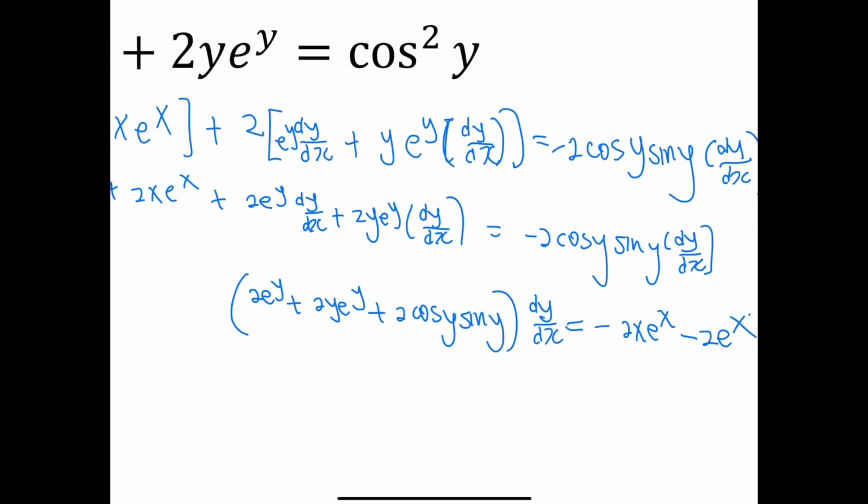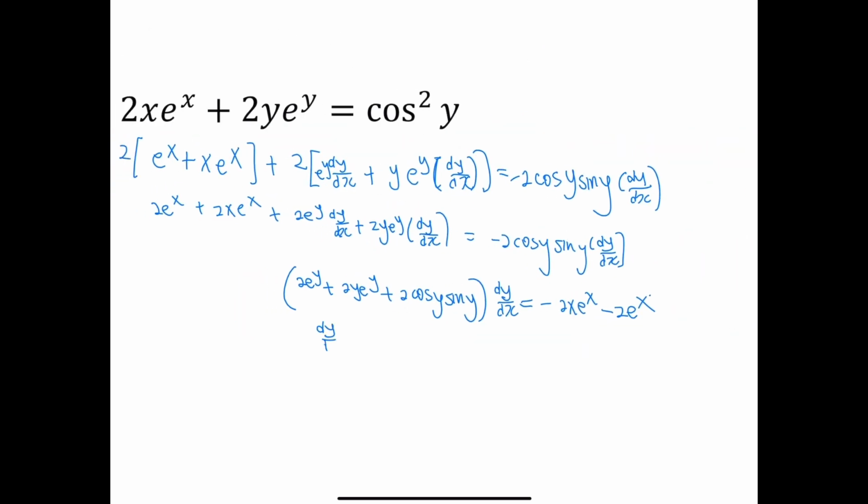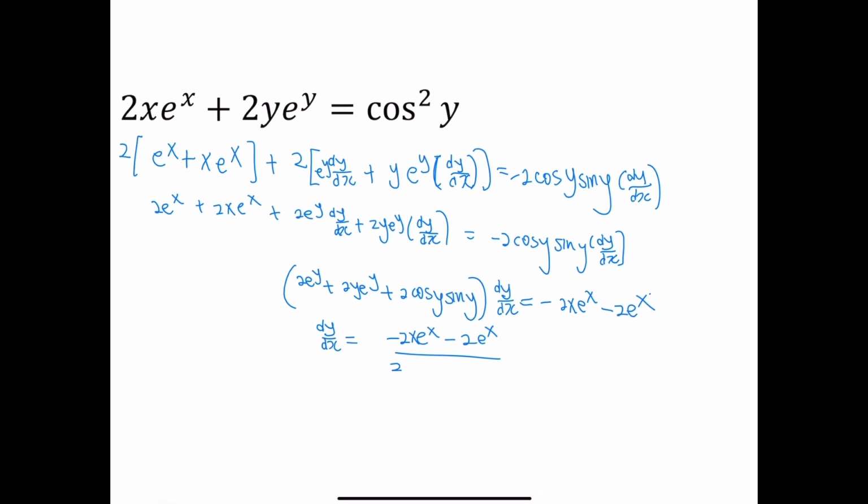So dy/dx is equal to negative 2x e to the x minus 2e to the x all over 2e to the y plus 2y e to the y plus 2 cosine y sine y. Okay, this will be your answer.